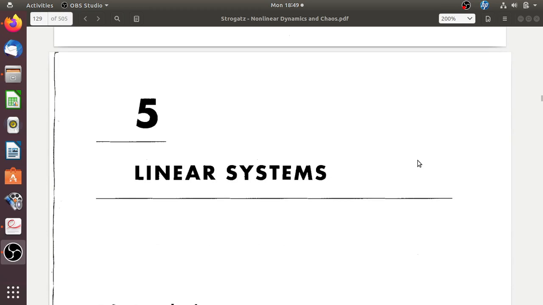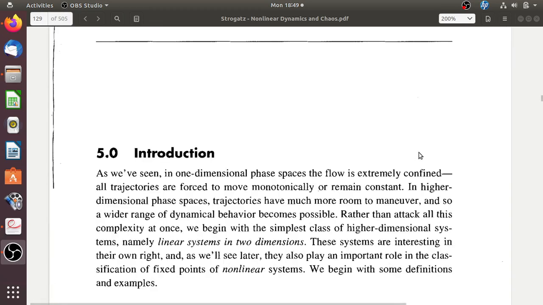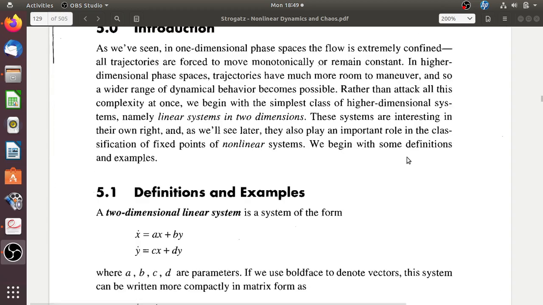So how will that linear system look? In a 2D flow, say we have two variables, one is x, another one is y.